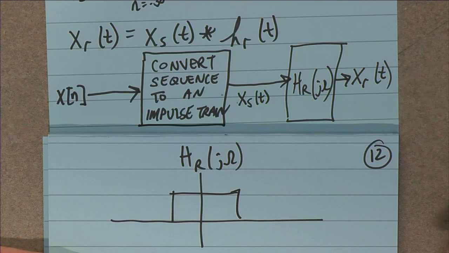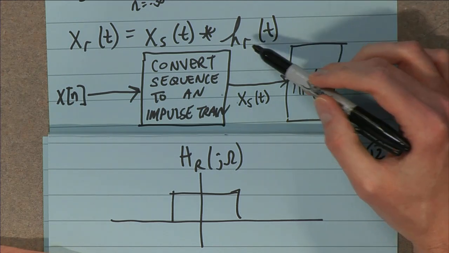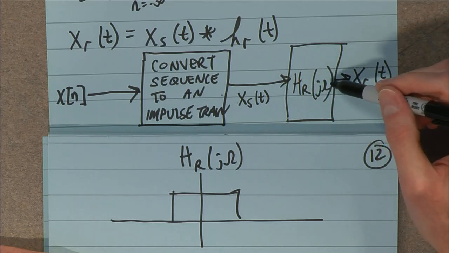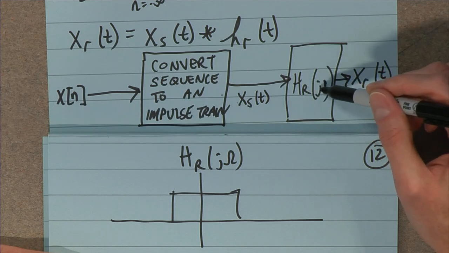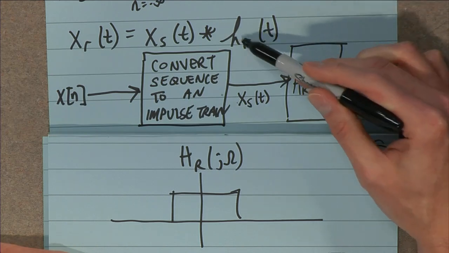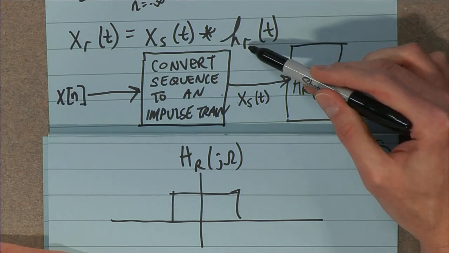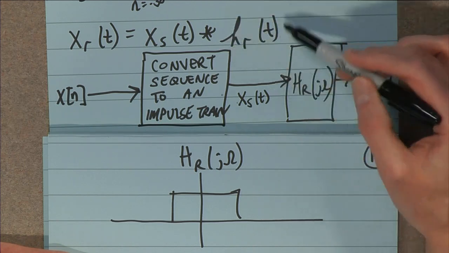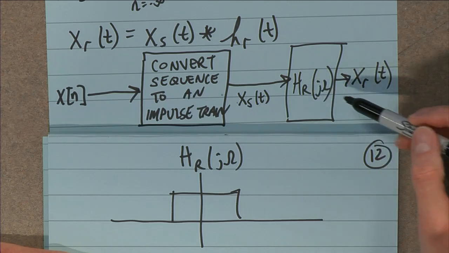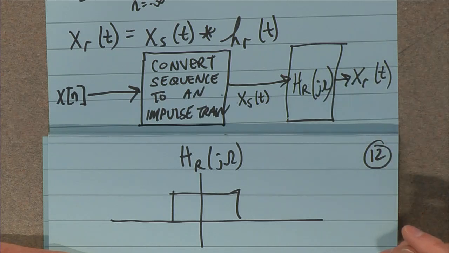Is there a difference between the lowercase h_r and the uppercase H_r? This is a frequency spectrum, or frequency response, of the reconstruction filter. This small h_r is an impulse response, so it's in time. So this h_r is time, this H_r is frequency. You could say we're just looking at it in the frequency domain.